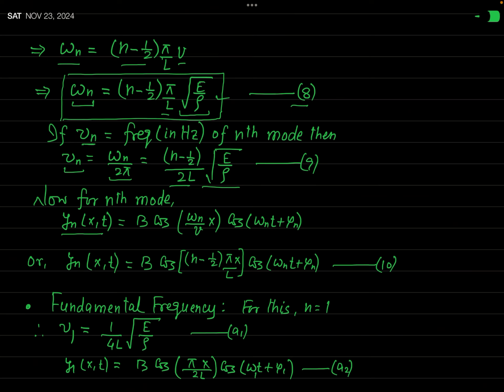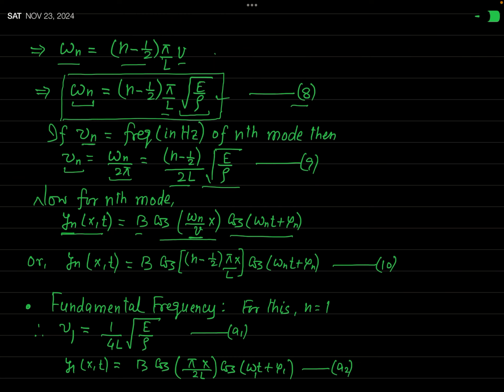Okay. Now for finding the shape of the normal mode of vibration, we will have to find the value of y in a particular mode. So you have seen earlier that this y of x,t is given as B times cosine of kx times this much. Now if we are talking about nth mode, then we will write this y as y n. Here there was k, and now k will be replaced by omega n over v.